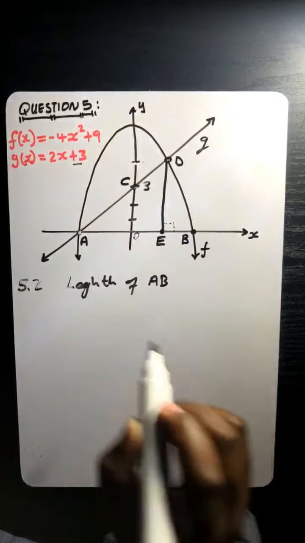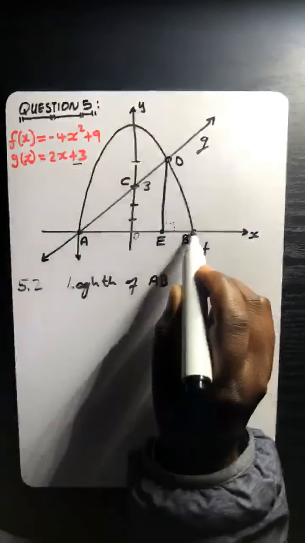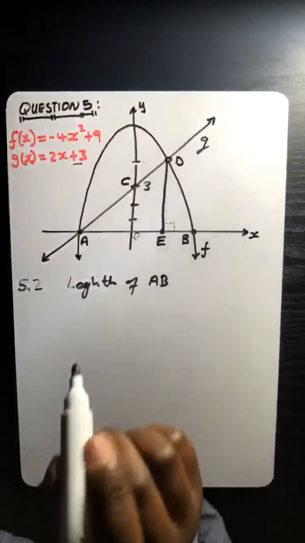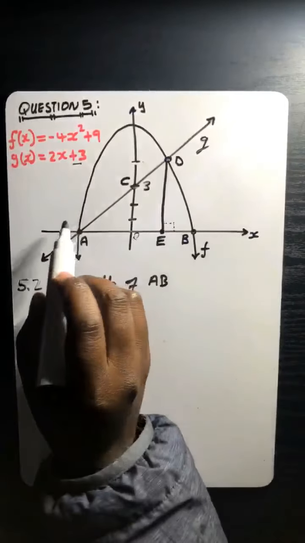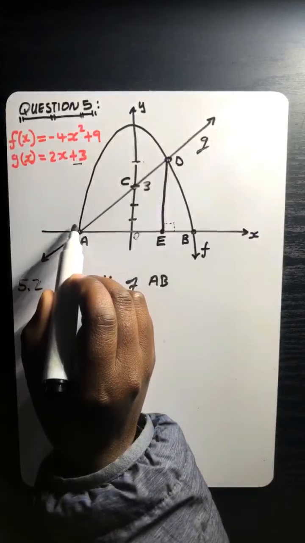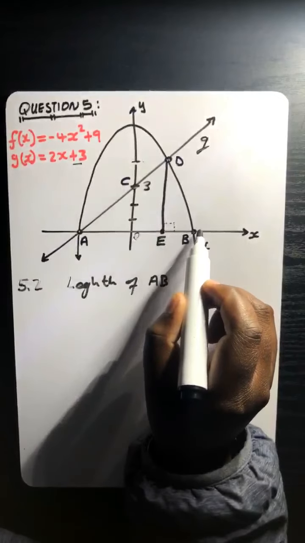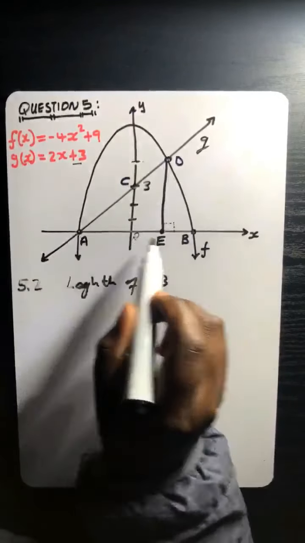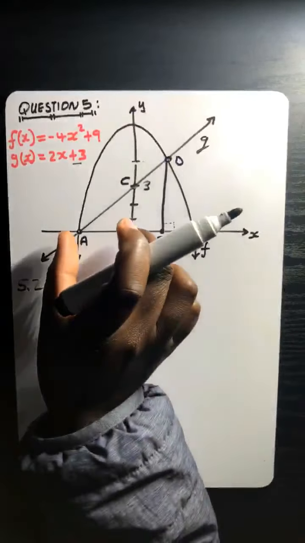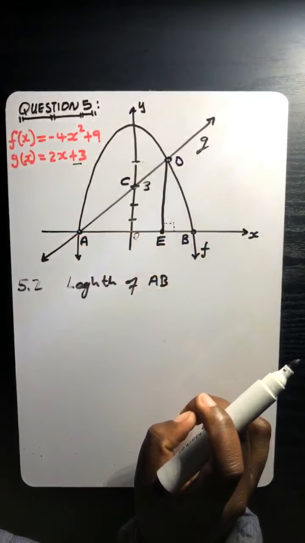That means I need to know that point and again that point. If I can know those points, let's say for example here, if I know the X value there is -5 and the value there, let's say is 4, then I know the length from A to B. It is going to be 5 plus 4, then it is 9 units.